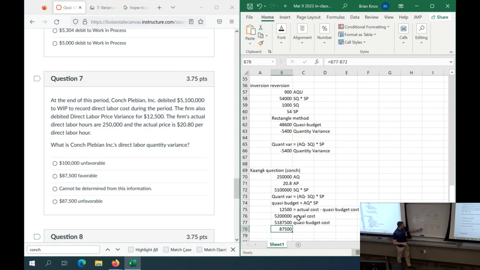Once you calculate out 250,000 times 20.8 gives us 5.2 million actual cost, and that has to be the credit. You have 3 of the 4 lines in the journal entry, and you can just balance it. And the one last thing you have to remember is, a debit to quantity variance, is that favorable or unfavorable? That's the rule of thumb you have to use if you're going to go that way.